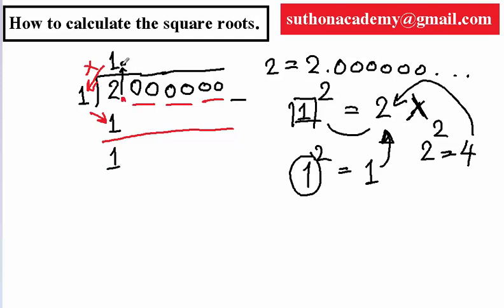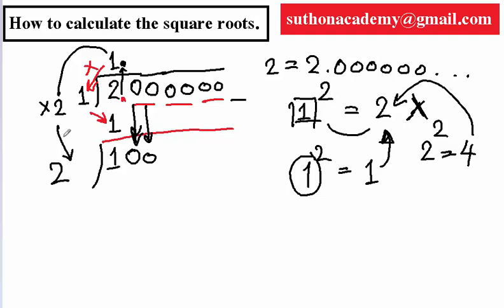And then I mark the point here, and I bring the 0 downward here. So I have 100 now, and then I bring this number multiplied by 2, and so I write down the number 2 here.